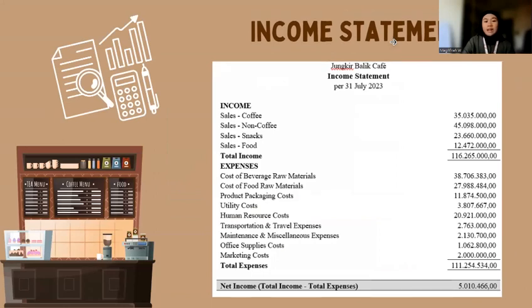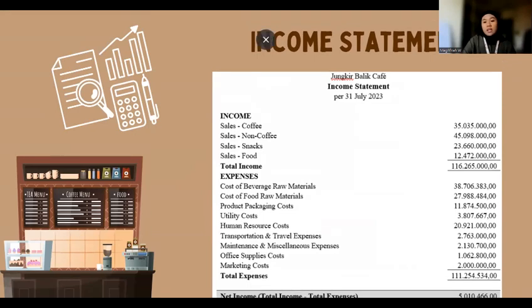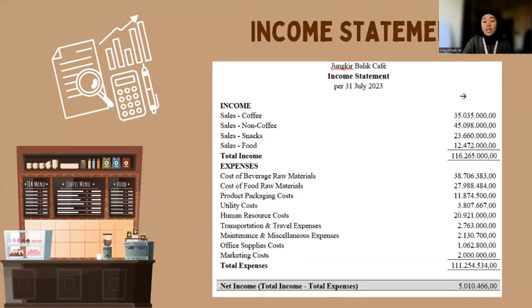So this is income statement, also known as the profit and loss statement. It presents the company's financial performance over the specific period. In this report it is per 31st July 2023. It usually highlights how much the company earned by showing the income, and then how much it spends by showing the expense.